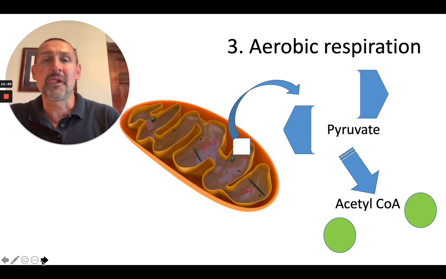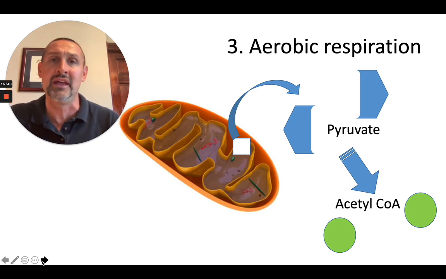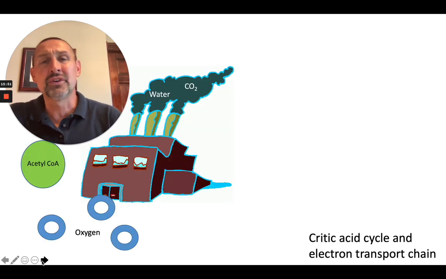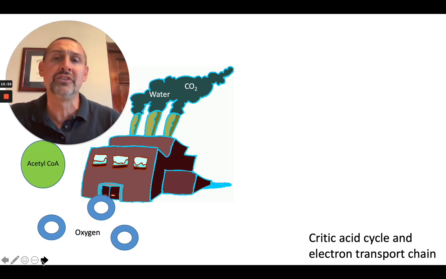The first step is to take that half glucose molecule, it's called a pyruvate, and convert it into something called acetyl-CoA. That acetyl-CoA can be used by the mitochondria in the presence of oxygen to make ATP. The byproducts are water and carbon dioxide.